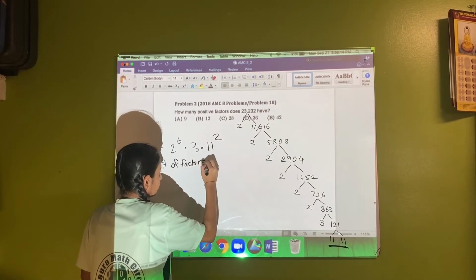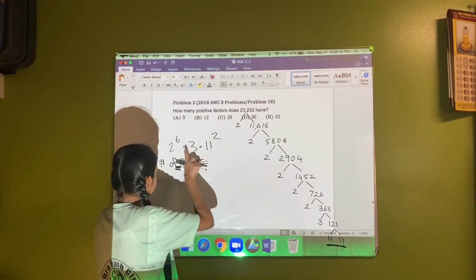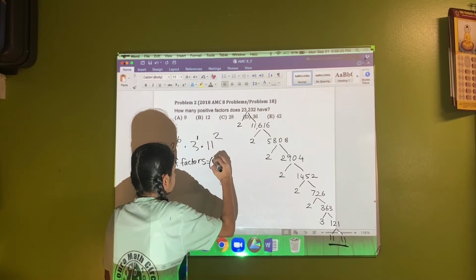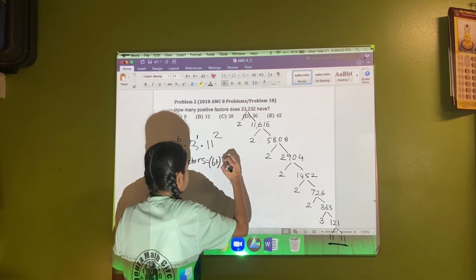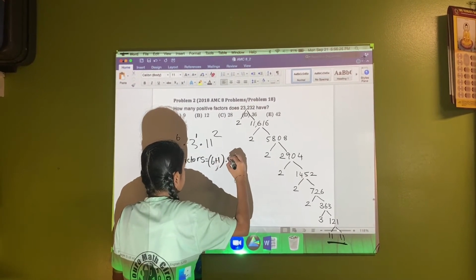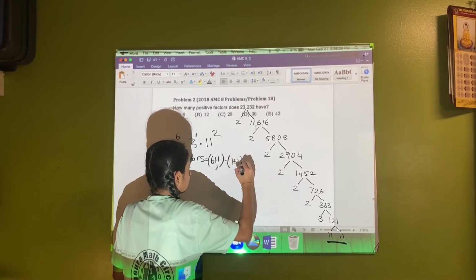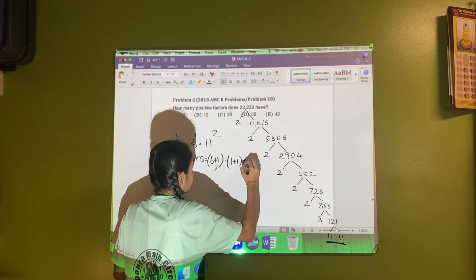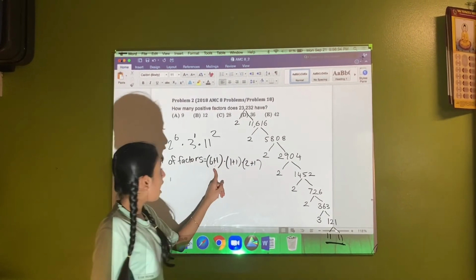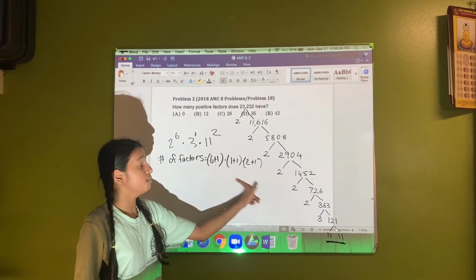So instead, there is a formula for the number of factors. What you do is you take the exponents, 6, 1, and 2: 6 plus 1 times 1 plus 1 times 2 plus 1. So you take all the exponents, you add 1 to them, and you multiply them.